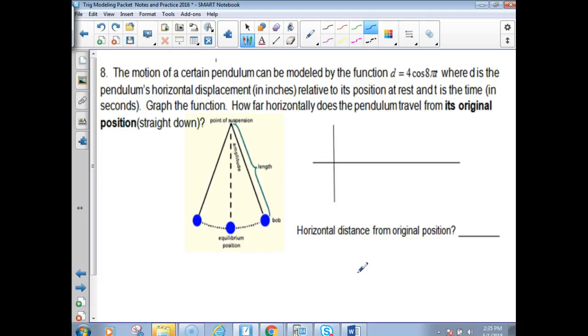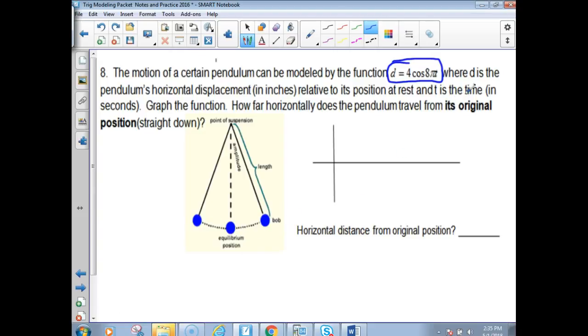All right, 8. Motion of a certain pendulum can be modeled by, they gave us the equation, where d is the pendulum's horizontal displacement in inches relative to its position of rest. Its position of rest would be its equilibrium position, which is straight down before a pendulum starts swinging.